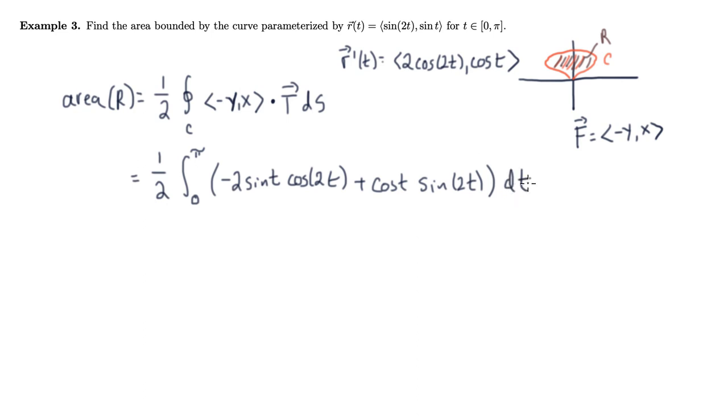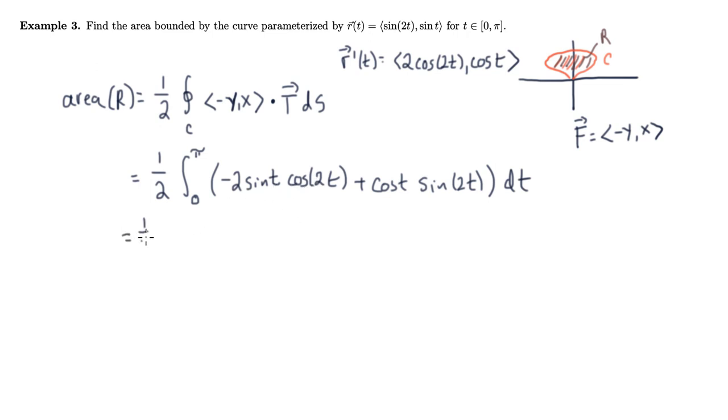dt. This integral isn't super easy to do, but it's certainly easier than the alternative. You can either just plug this into a computer, or I'll show you how to do it without. The thing to notice is the cosine 2t and the sine 2t, I don't really like that. So I want to convert those back to just sine t and cosine t. Recall that cosine of 2t is cosine squared t minus sine squared t.